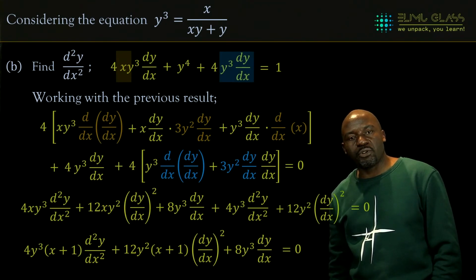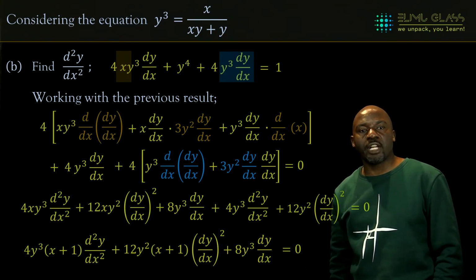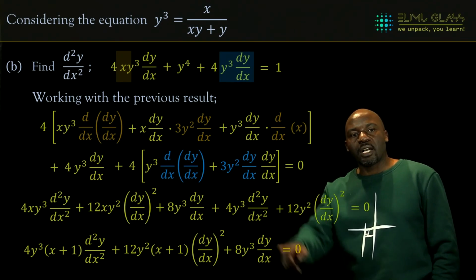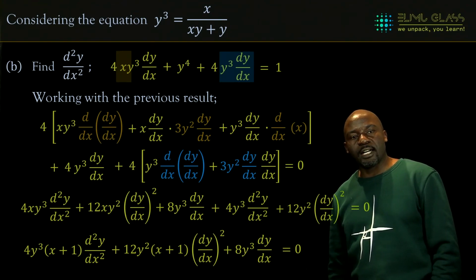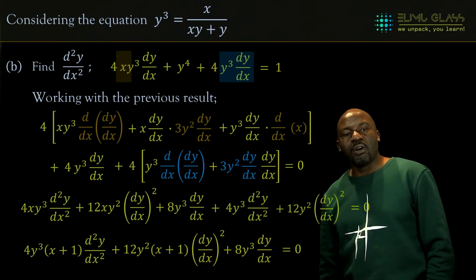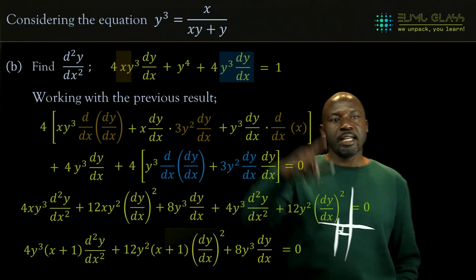Of course, we can choose to make d squared y by dx squared subject of the formula, but we don't really have to. Any question that we need to solve relating to the second derivative can be determined right here, but if you need to write it in terms of d squared y by dx squared, you can do so. Also remember that dy by dx is something we had found earlier.